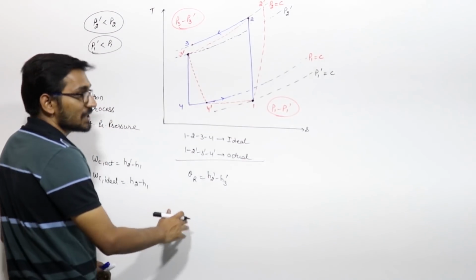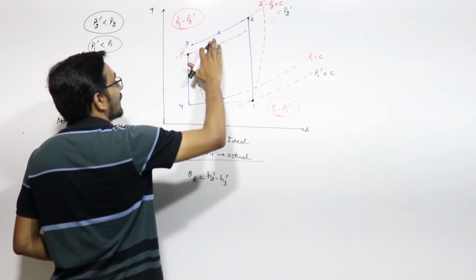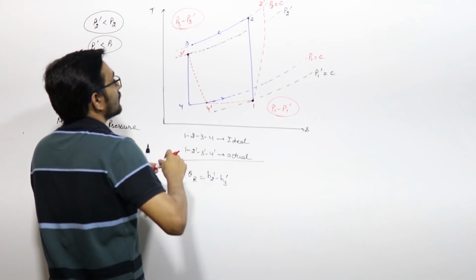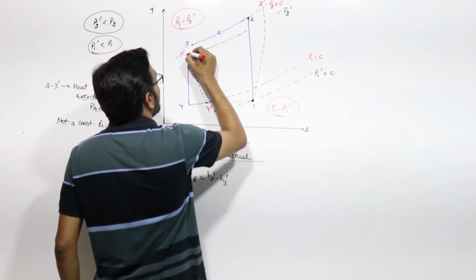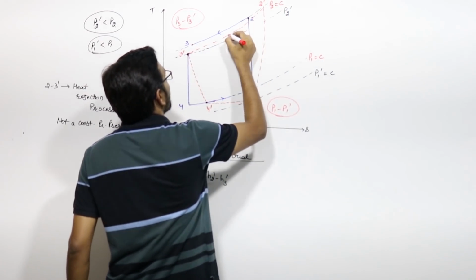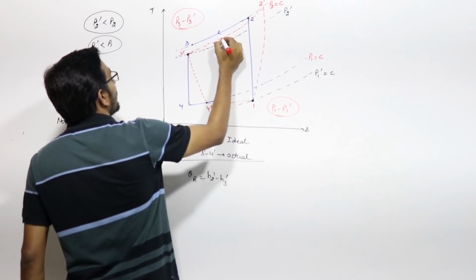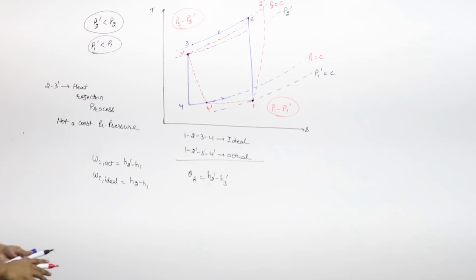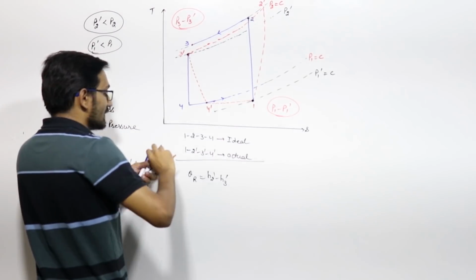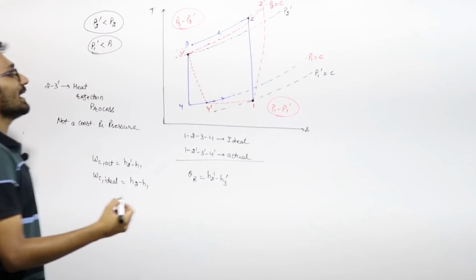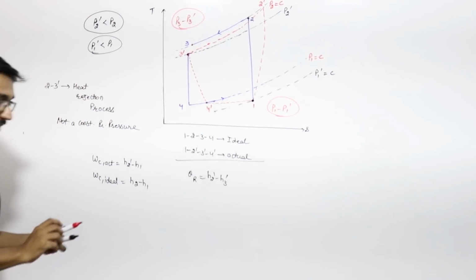Right, heat rejection is H2 dash minus H3 dash, because now the process is from 3 dash to 2 dash, this one. This is the heat rejection process. These black lines show the constant pressure lines. The red line shows the actual cycle.